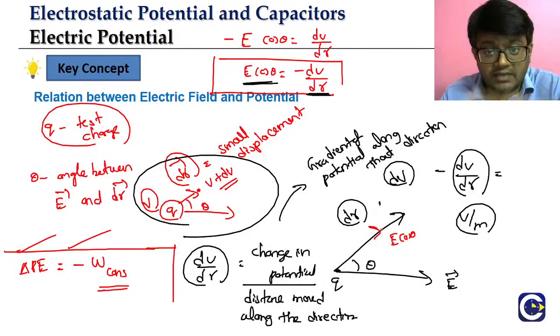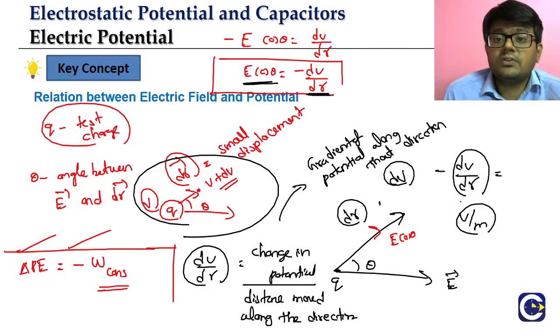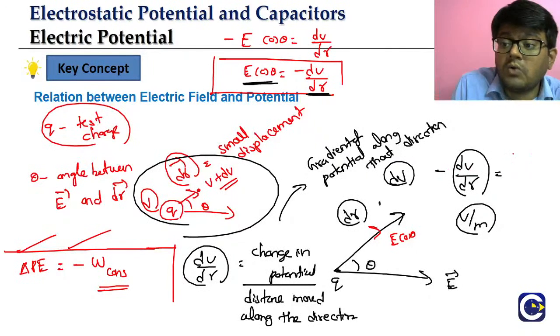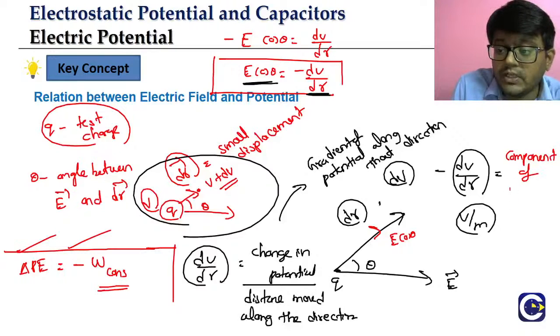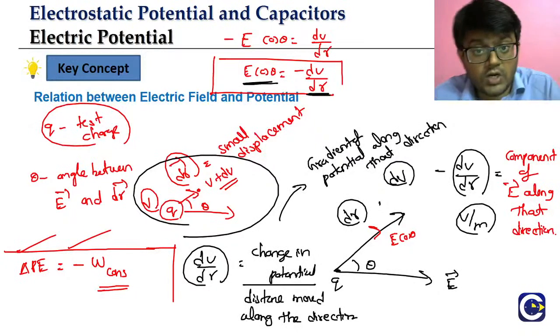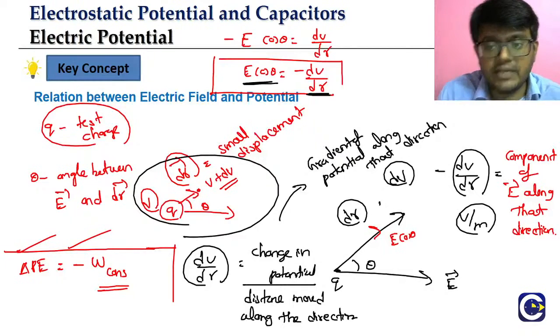It is the component of that electric field in that particular direction. So the negative of the potential gradient in any direction will be equal to the component of the E vector along that direction. So in that direction, whatever the electric field component is, it can be obtained by using the negative of the potential gradient.